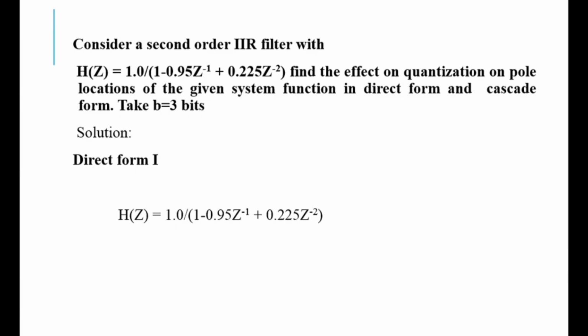The given value is H(z) = 1 / (1 - 0.95 z^-1 + 0.225 z^-2). First let us take minus 0.95. To convert 0.95 into a binary number, you have to multiply 0.95 by 2. If you multiply 0.95 by 2, you will get 1.90. After that, you remove the 1, the left hand side value, so you will get 0.9.